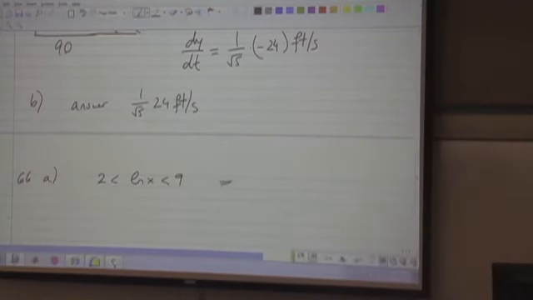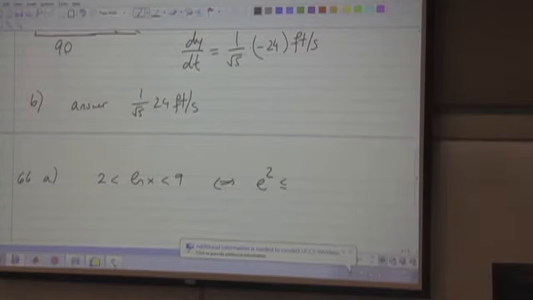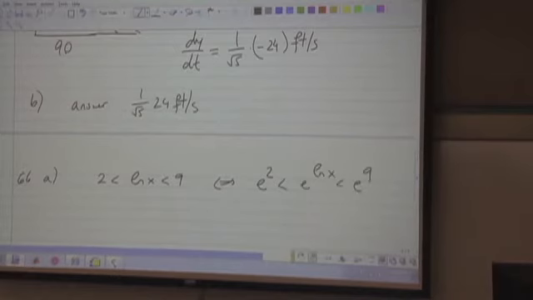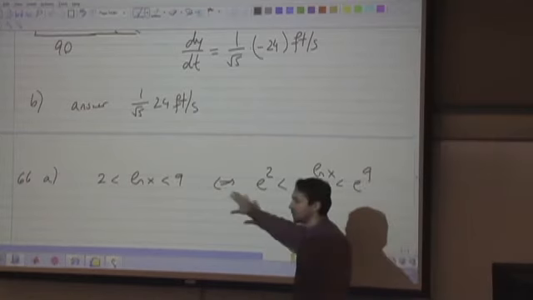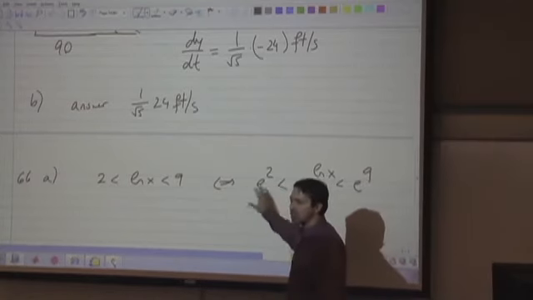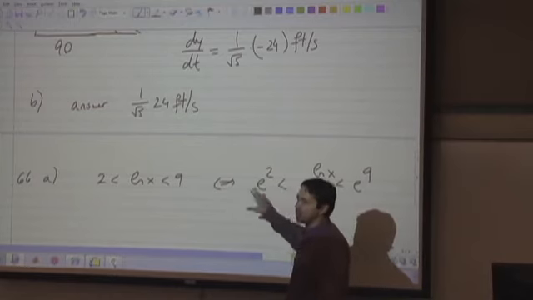Which means I can have e to the second less than e to the ln of x less than e to the 9th. Seriously, I need to drink more coffee. Does this make sense? Now we have to be careful in general with these types of statements to make sure things are positive and you maintain the same inequalities and all that fun stuff.